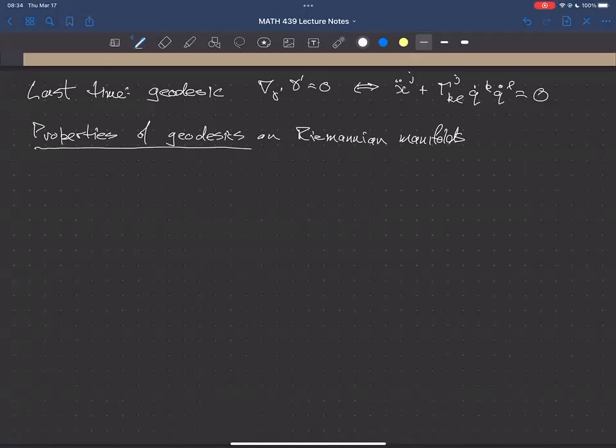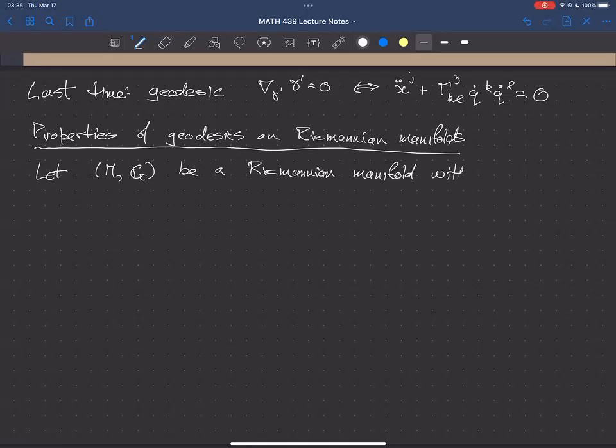Whenever I say a Riemannian manifold, we know that it comes equipped with a specific affine connection, namely the Levi-Civita connection. So we're going to let (M, g) be a Riemannian manifold. Of course, this means that M is a smooth manifold and g is a smooth Riemannian metric on M. And we have the Levi-Civita connection that we denote like that.